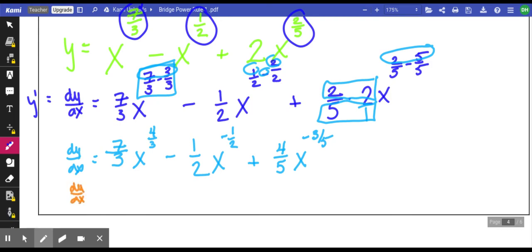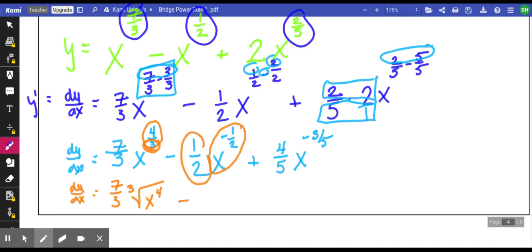So dy/dx equals, so no fraction because this is a positive exponent, so I'm going to call it 7/3. Remember, the denominator is the root, so this is the cubed root of x to the 4th. I have a minus sign. Now, this does turn to a fraction because it has a negative exponent. So I'm going to start with this fraction, 1/2.